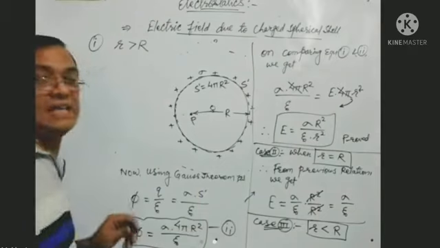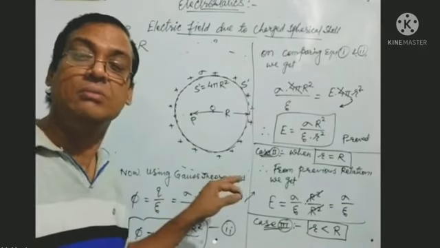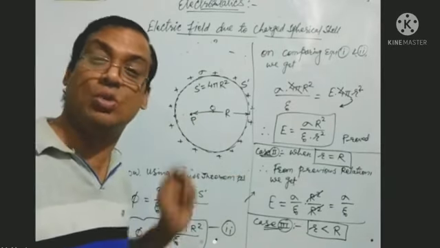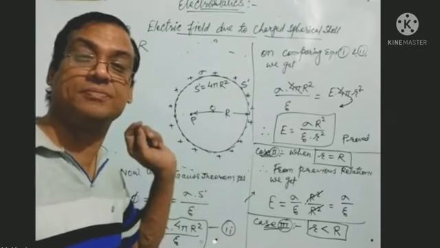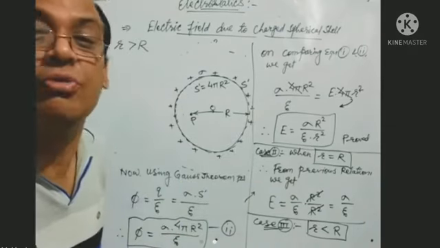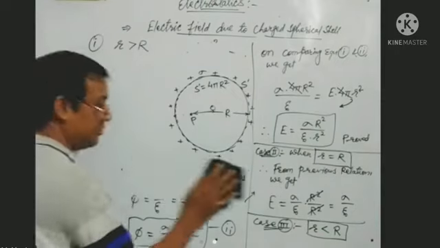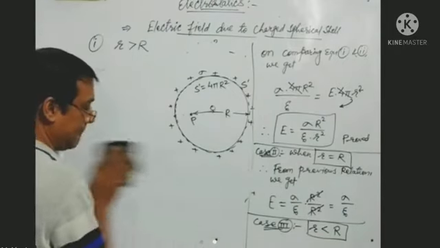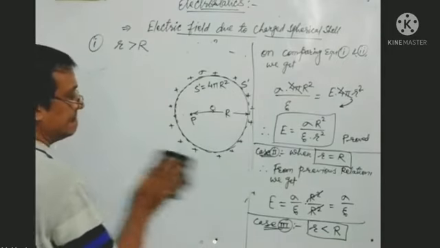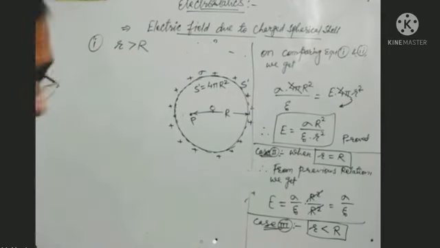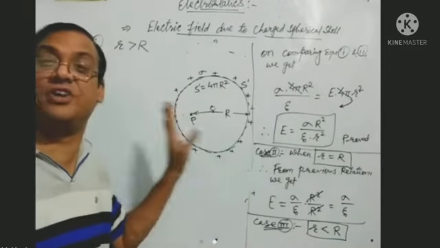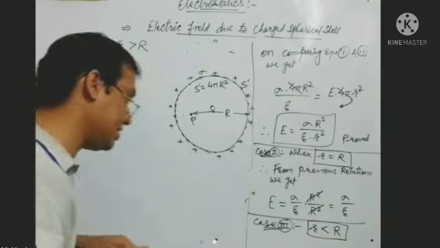Say point P lies somewhere inside the body, means it is a hollow space. If it is a hollow space, then we have to take something different. Let us see how.